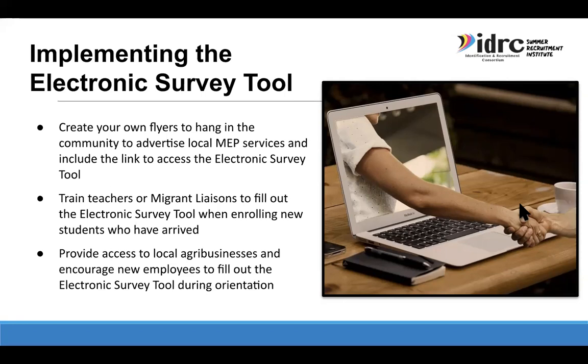We have one state that was working with an egg processor, and every time a new person is hired, they are given a packet that includes a flyer for the electronic survey tool, and they're encouraged to fill it out so that they can let the migrant education program in their area know exactly where they're living and if they might be eligible.